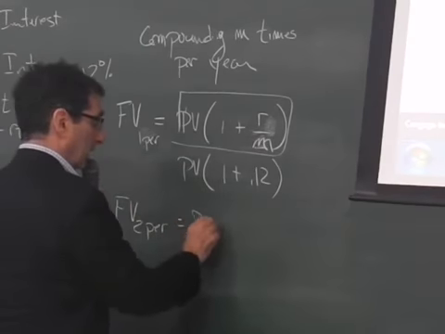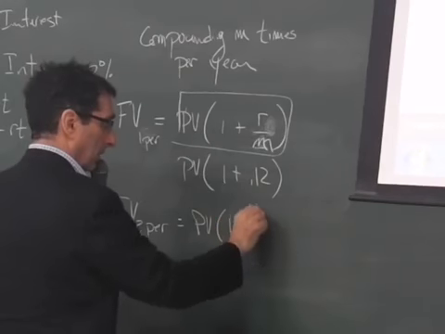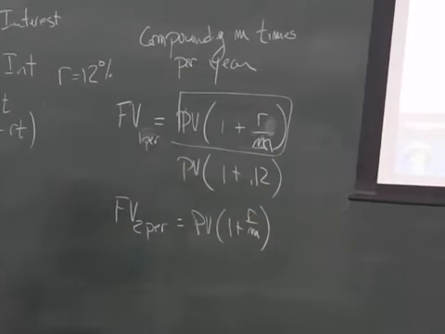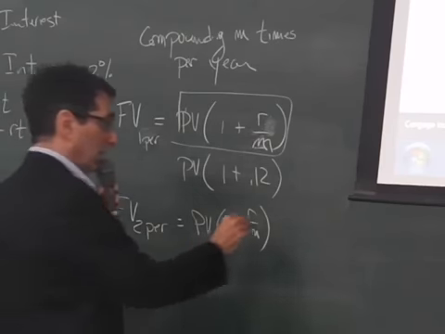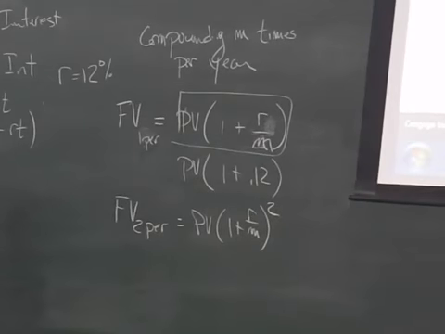So that's PV times 1 plus r over m. That's my new present value, right? And then I need to multiply that by what? 1 plus r over m, right? That's how much I'm going to get at the end of the second. So that's squared, right? Okay, so that's at the end of the second period.